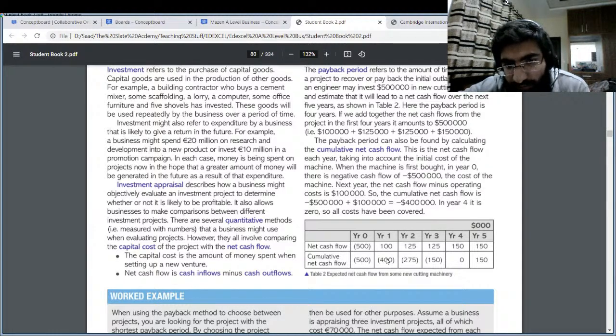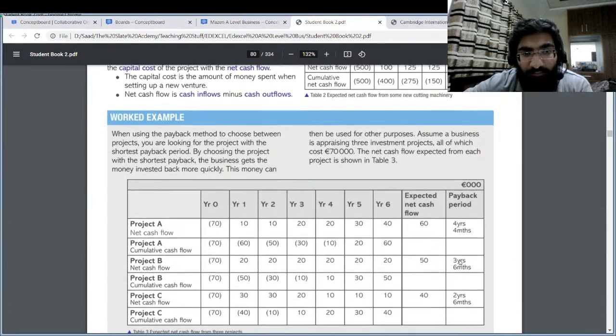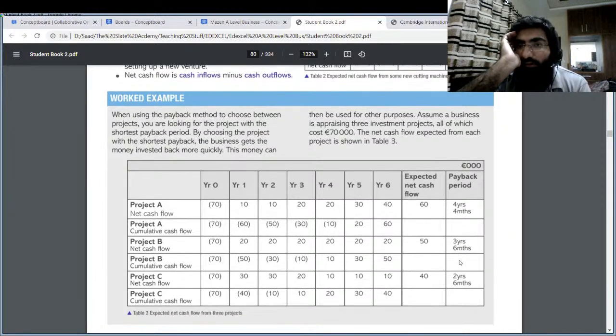Then at end of year 1, negative 500 plus 100 gives negative 400. Then at end of year 2, 125 plus minus 400 is negative 275. Then you have 125, then 150, and at the end of year 4 it becomes 0. I showed you an actual example where the cash flow became 0 in between.